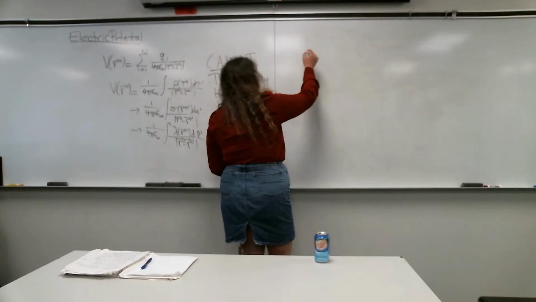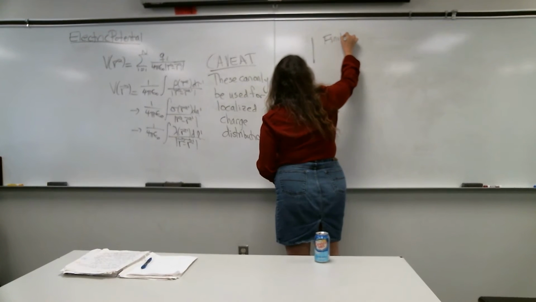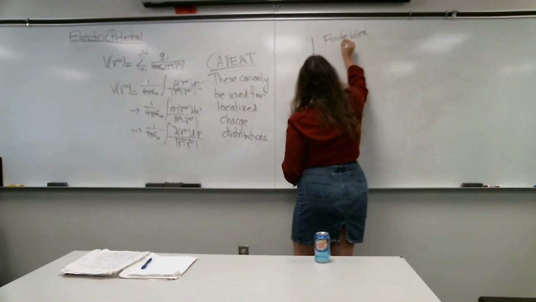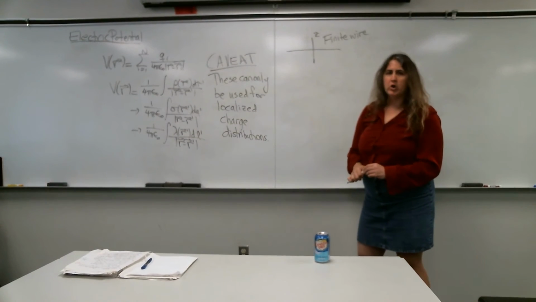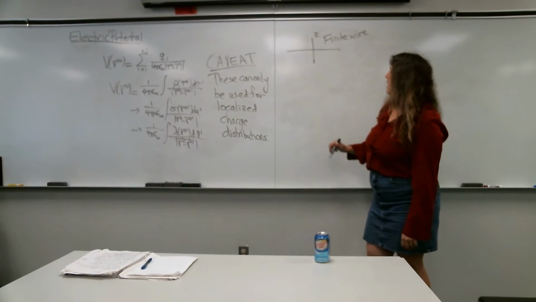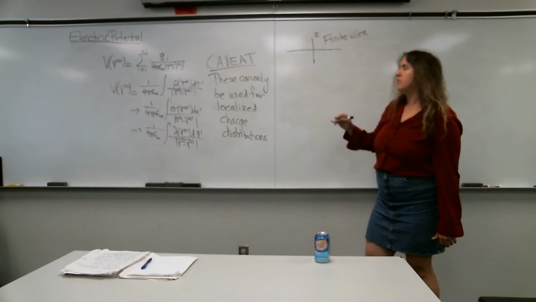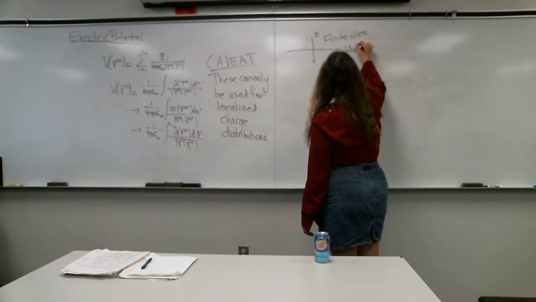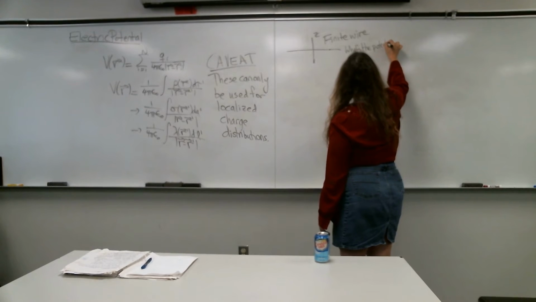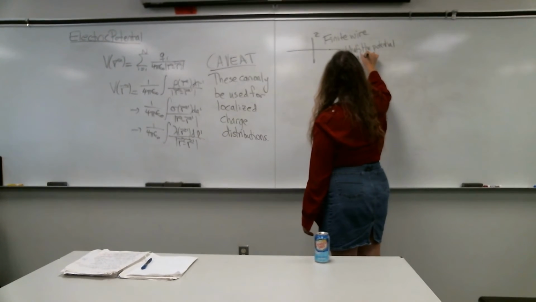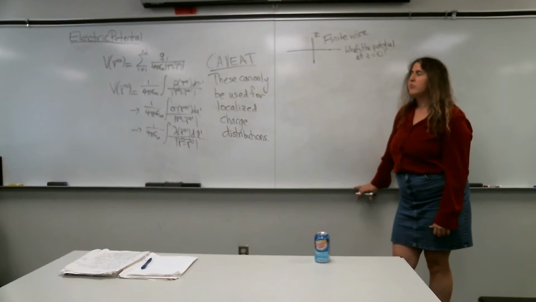So I'm going to have a short piece of wire here, and I'm going to assume that my wire lies along the z-axis, and I want to figure out what's the potential at the midplane. Or what's the potential at z equals 0.